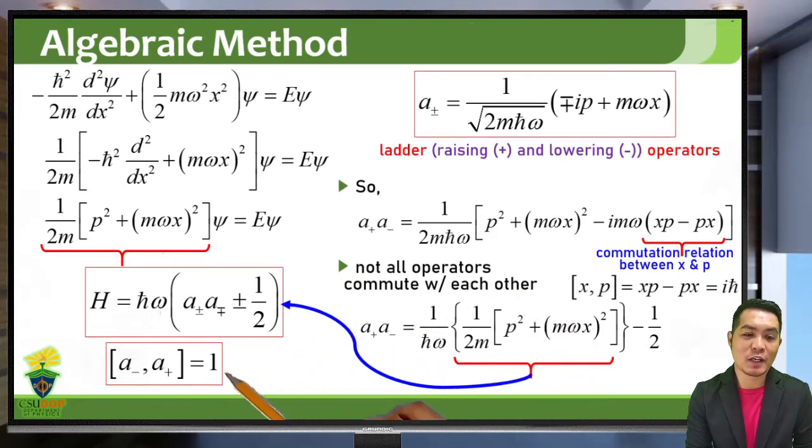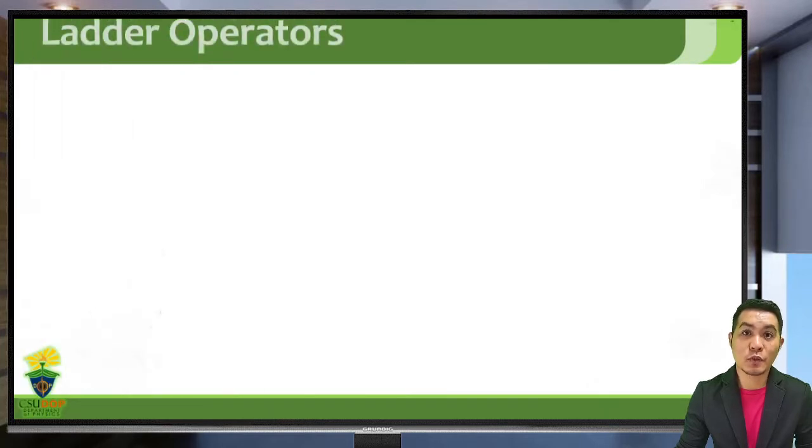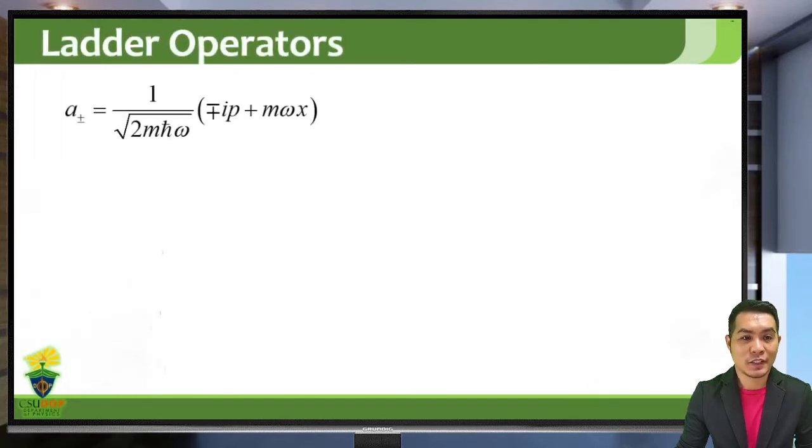In fact, it's equal to 1 due to the 1/2 terms here. So this is the commutation relation between the ladder operators. So they do not commute with each other.